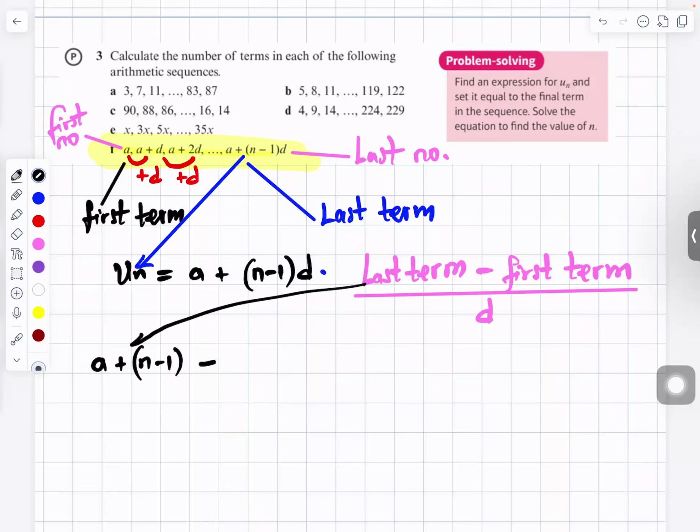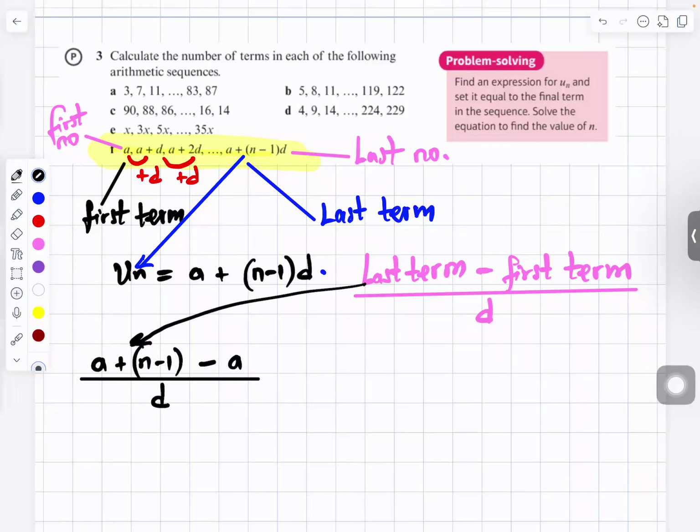So that's the last term, minus the first term, which is A. And then if we divide that by D now, will give us the number of terms.